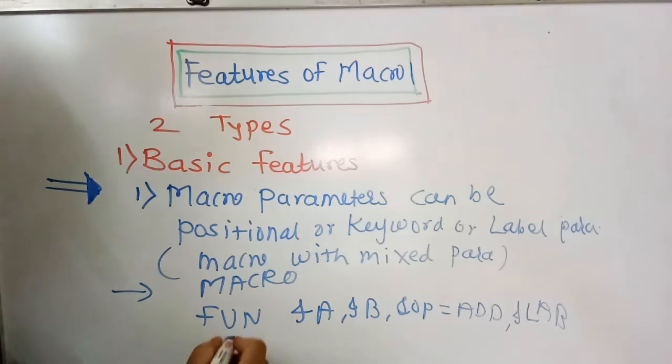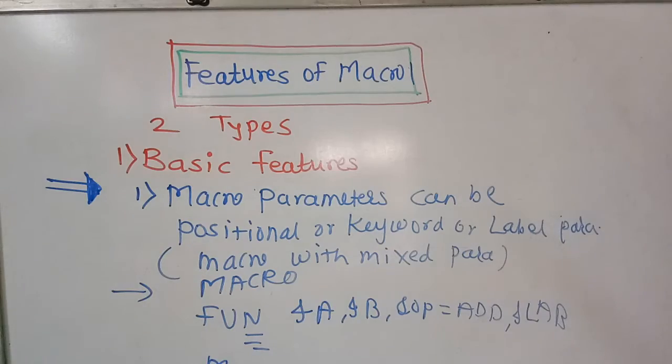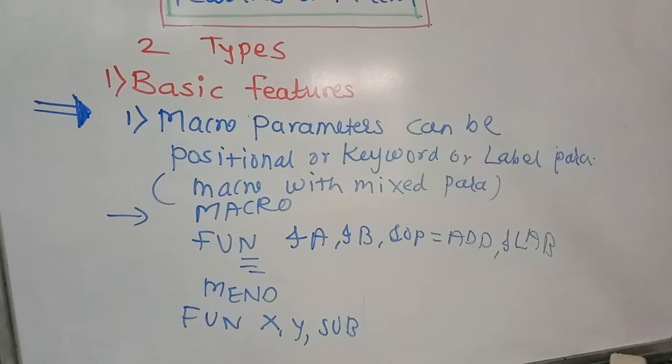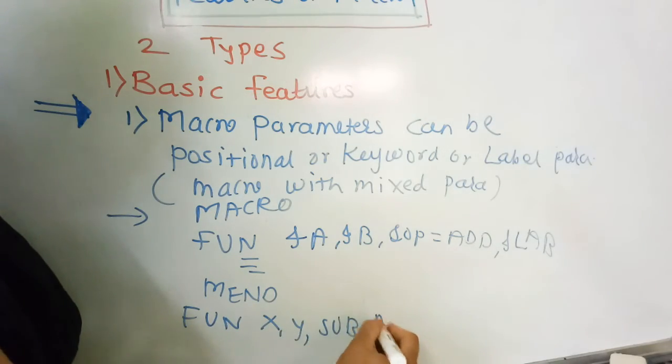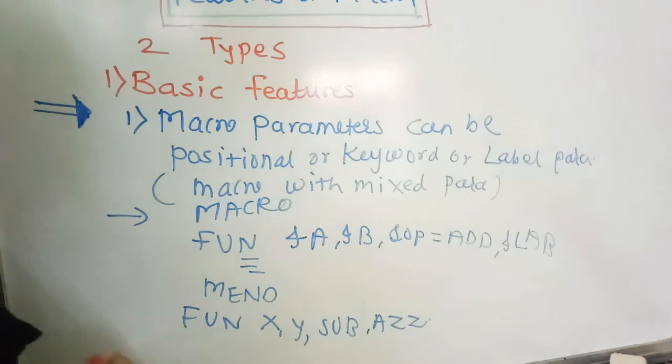These are some parameters, sorry, the formal parameters. This is the macro end. In this, for example, you are having the functions like x, y, sub, then a, z, z, and so on.